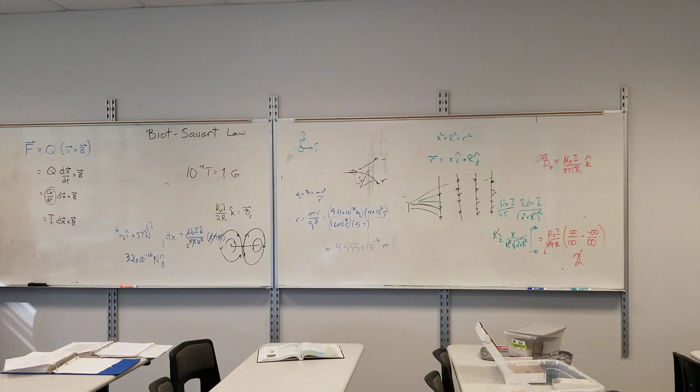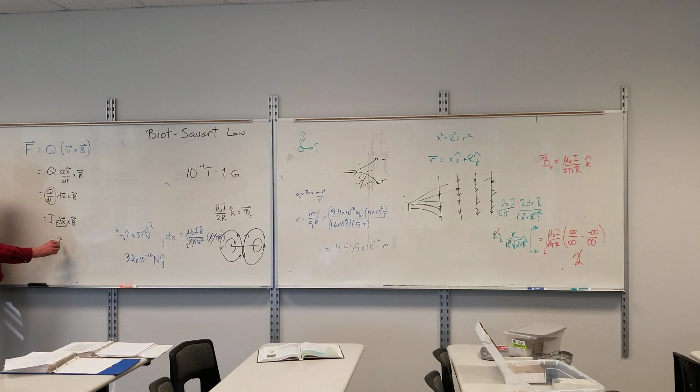Now dx is a differential, and so the notation's a little bit off. But if we're talking about a current that's traveling in a straight line, that's just the length of the current.